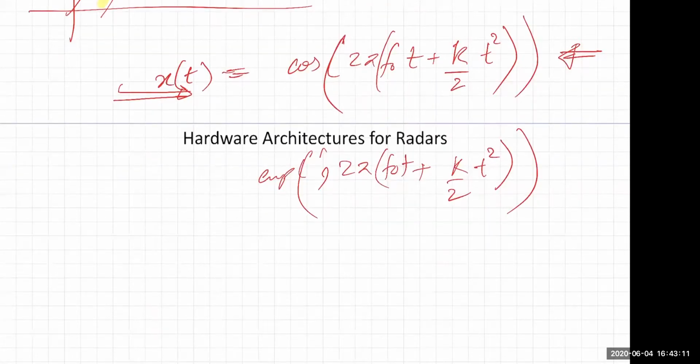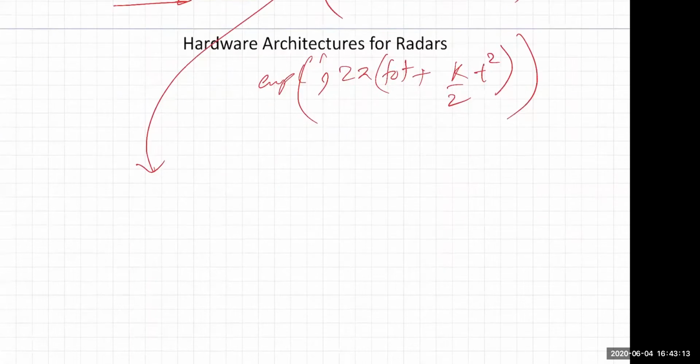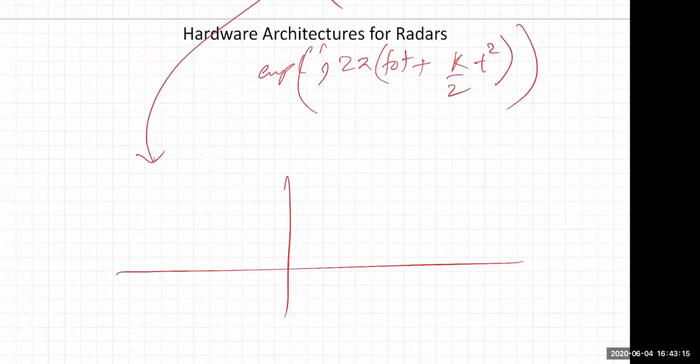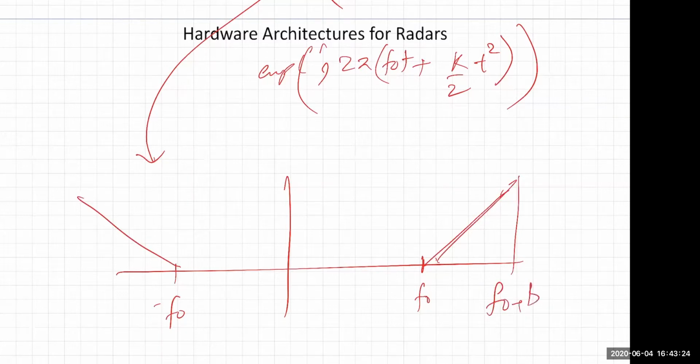So let's understand this. Let's draw. This starts from f naught and minus f naught, and this goes to positive plus b, with increasing time. I'm just drawing the chirp inverted, but the point is that there is a symmetric travel in the cosine.